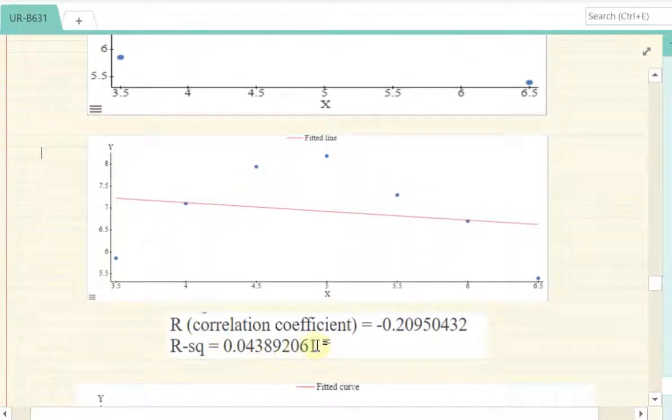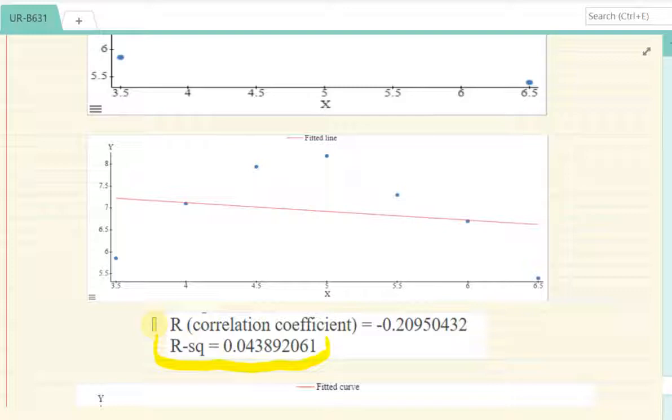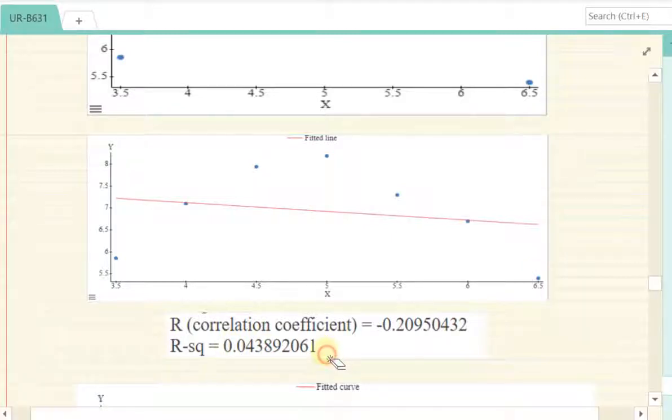Right down here, I'm looking at that R squared. I'll explain R squared in great detail in a few minutes in this video. But for now, look at how small this number is. It's 0.04, so it's rather small. Keep that in mind. Of course, the line is a poor fit, and the correlation is very poor.